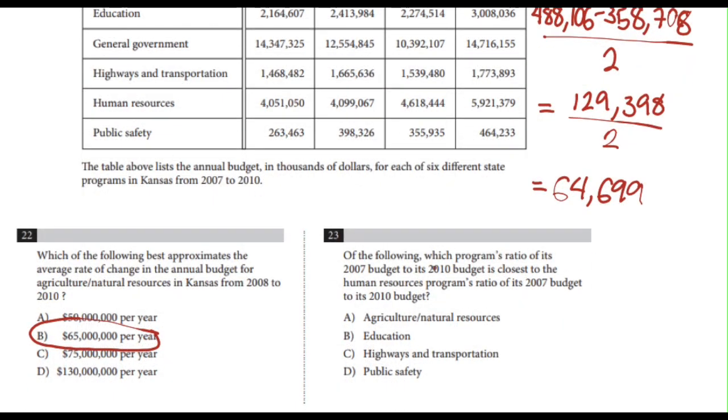Number 23: Of the following, which program's ratio of its 2007 budget to its 2010 budget is closest to the human resources program's ratio of its 2007 budget to 2010 budget? So what we're going to do is get the figure in 2007 and divide it by the 2010 figure first for the human resources program. Then we're going to do it for each of the answer choices and see which one is the closest.